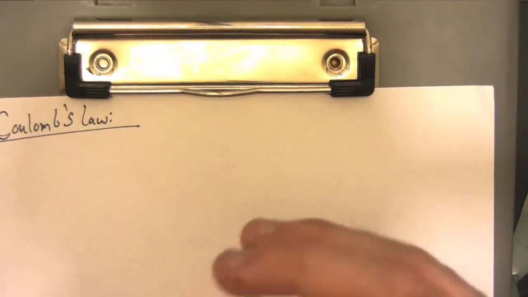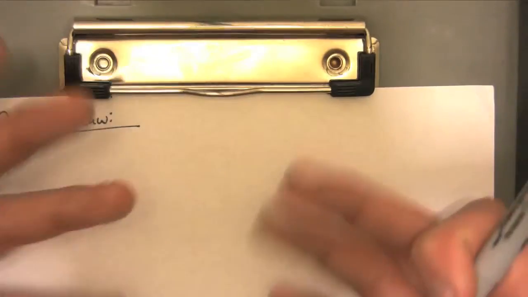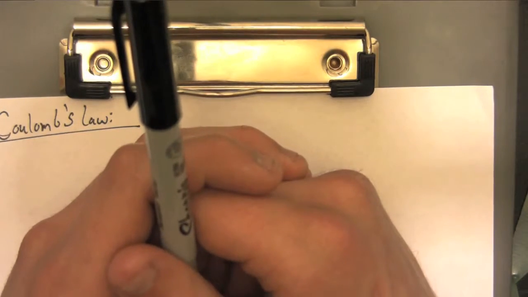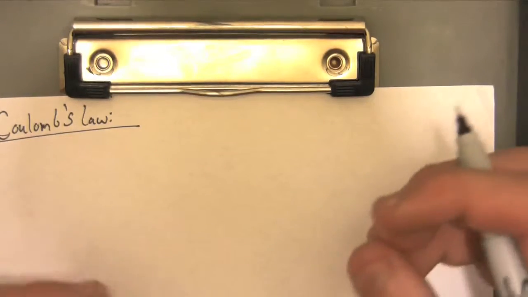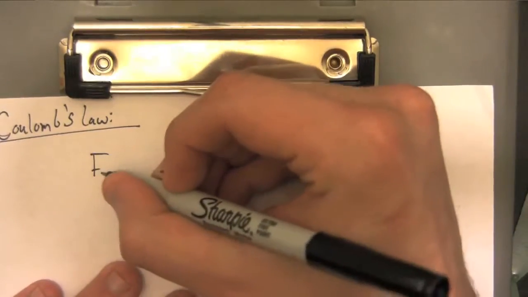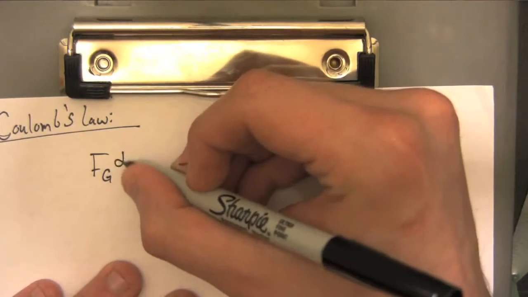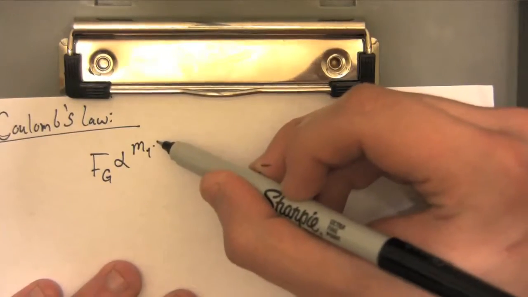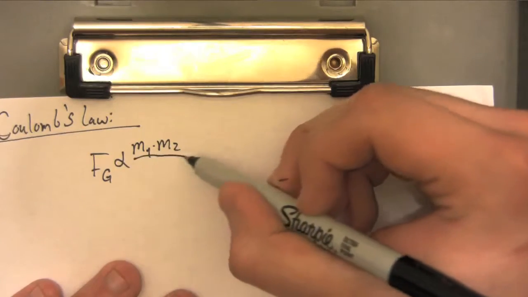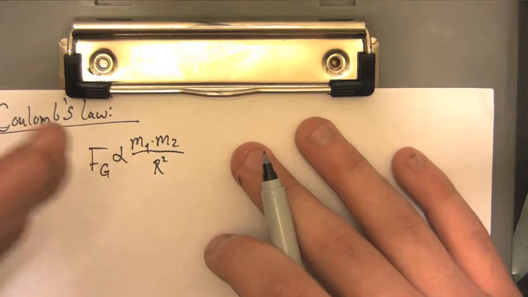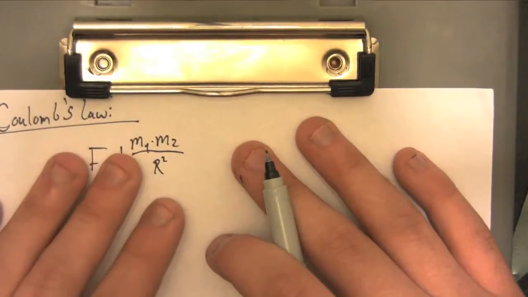This is pretty much identical to the way the gravitational force is written. In your introductory course, you should have been shown F sub g is directly proportional to the first mass times the second mass divided by the square of the distance between the 2 masses. Pretty much similar form for the electrical force.